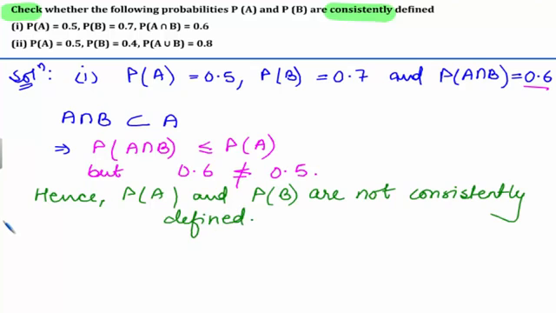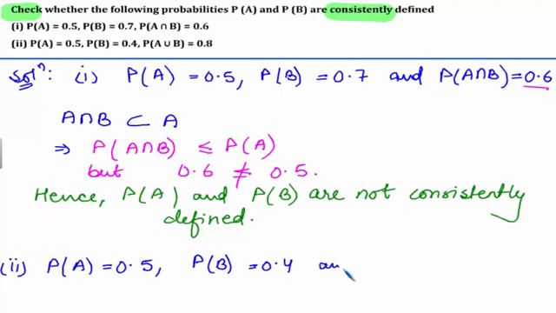Now let us move on to the second part. In the second part, we are given that probability of A is 0.5, probability of B is 0.4, and probability of A union B is 0.8.